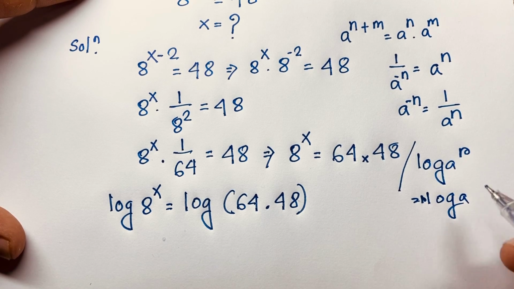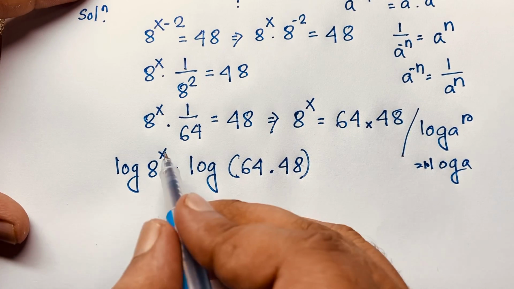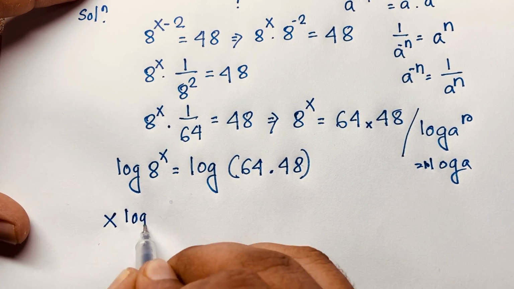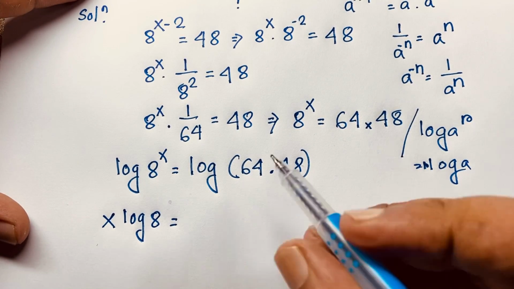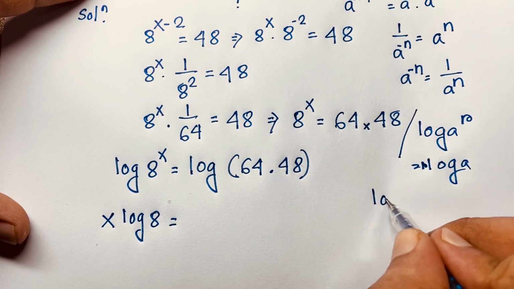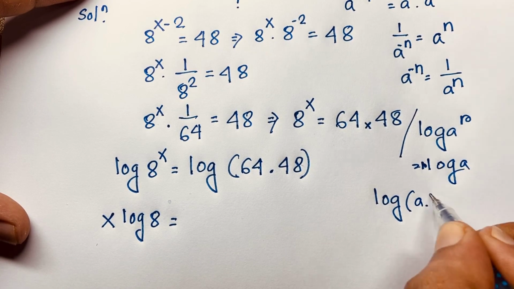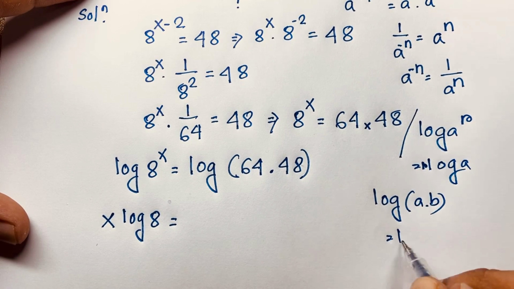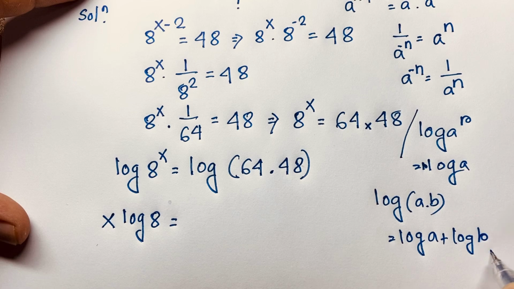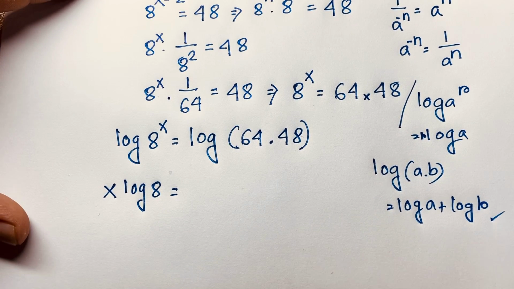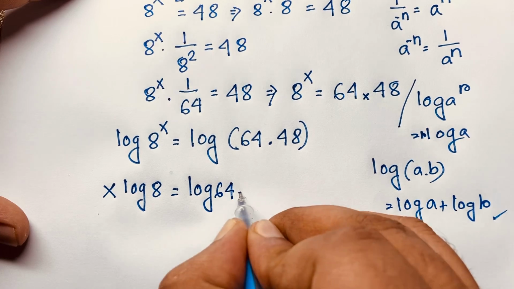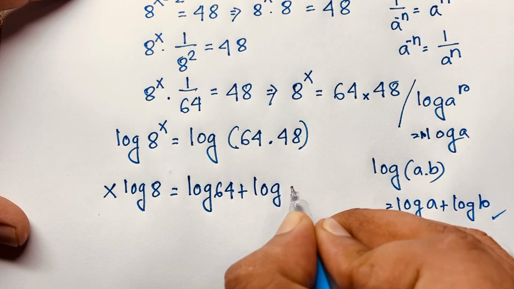So according to this formula, x moves here: x log 8, then log 64 times 48. We know that log of a times b is log a plus log b. If I apply this formula here, it will be log 64 plus log 48.